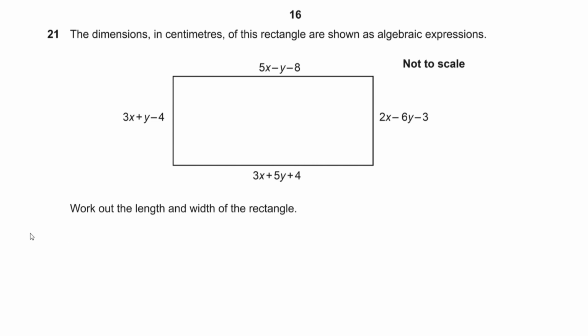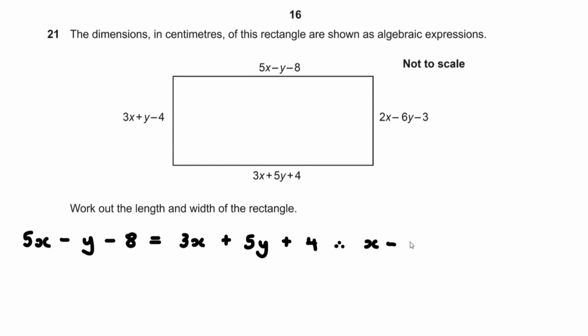So I've got 5x subtract y, subtract 8 equals 3x plus 5y plus 4. If I simplify this, what we end up with is 2x subtract 6y equals 12, meaning x subtract 3y equals 6.